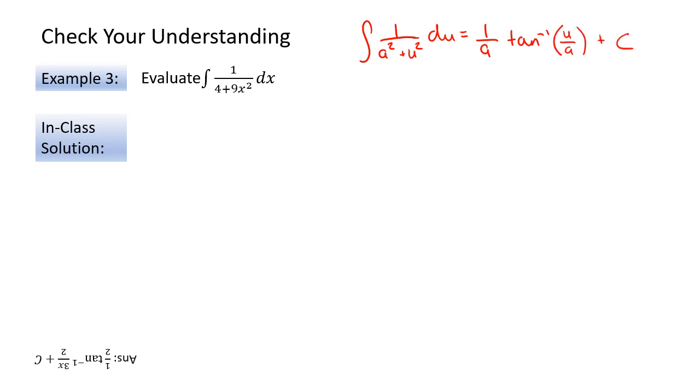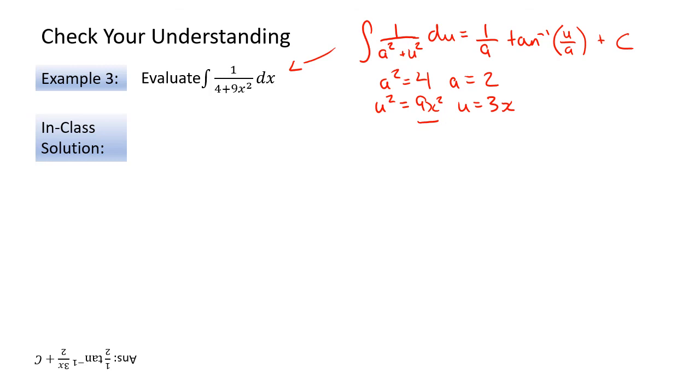In this case, we have the same form. So a squared must be equal to 4, or a is equal to 2. And u squared must be equal to 9x squared, which means u must be the square root of both these terms. The square root of 9 is 3, and the square root of x squared is x, so u must therefore be 3x.